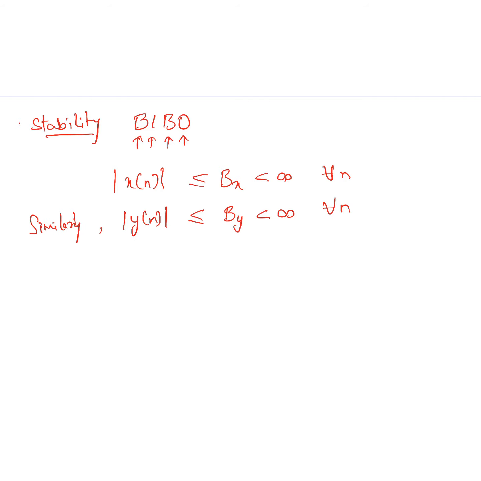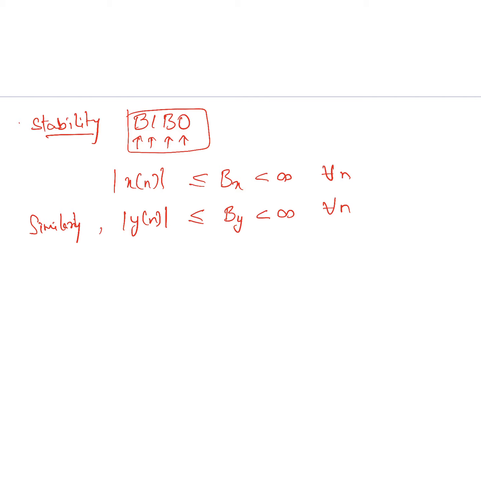So when we speak about the BIBO stability condition, this property should be true for all bounded inputs, that for all bounded inputs the output is bounded. It is not only concerned with one particular type of input and output which are bounded.